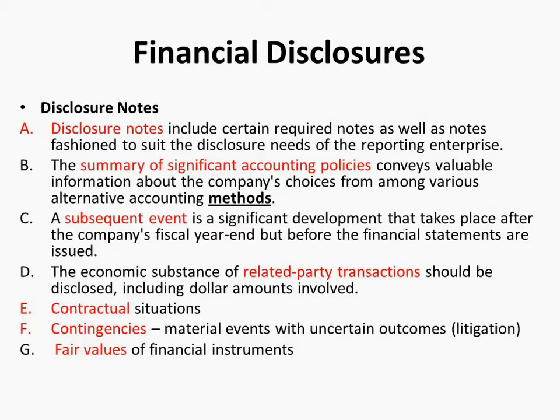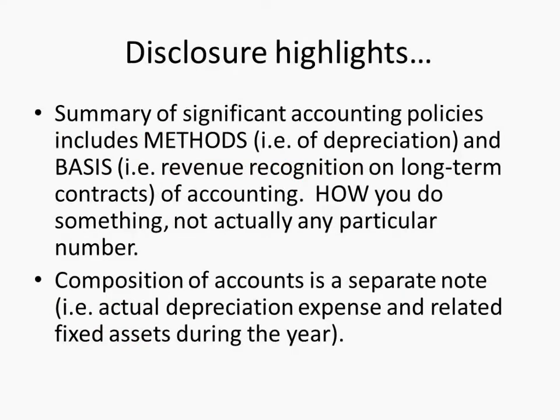You also have to report the fair value of certain financial instruments as of a certain date. So you're giving detail about information that's on the balance sheet. That's what your footnote disclosures are telling you. So again, just highlights from that. The summary of significant accounting policies includes methods, i.e. of depreciation, and the basis.